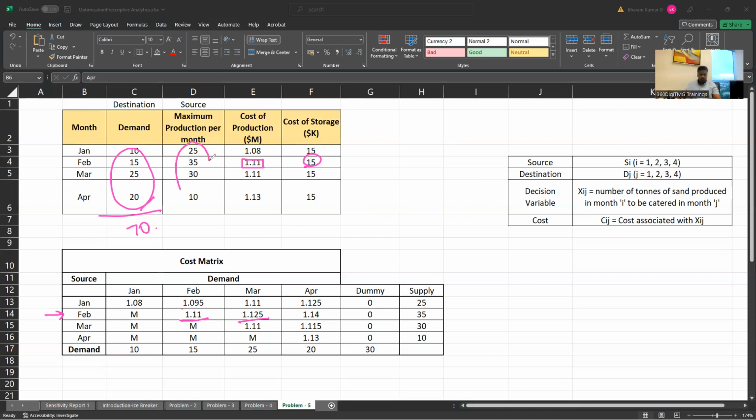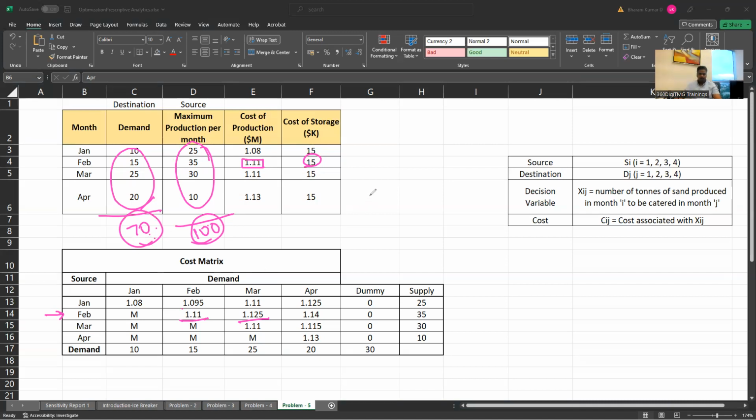But when it comes to the amount of sand that you're manufacturing, given that you make use of your complete production system and then ensure that maximum output is produced, you don't want to underutilize your resources. So given that you are going to utilize completely, and when you actually sum up these, you get 100 tons. So this is clearly imbalanced. Demand is 70, but you're producing 100.